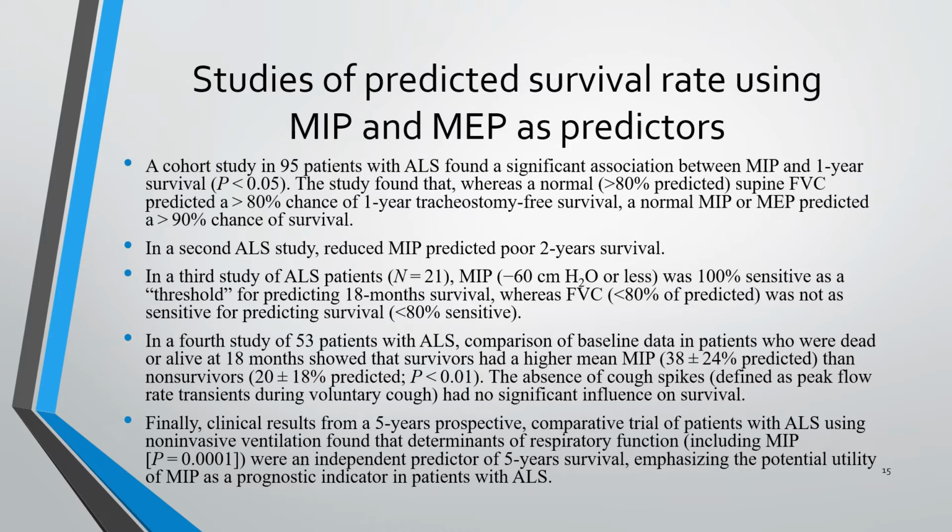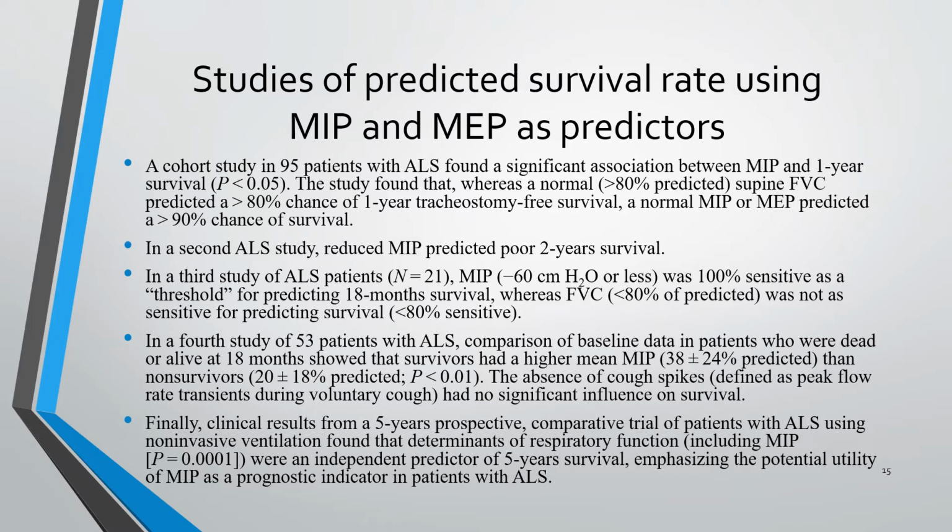The study found that if you had a greater than 80% predicted forced vital capacity, you had an 80% chance of survivability in 1 year. But if you had a normal MEP or MIP, it predicted a greater than 90% chance of survivability. So the sensitivity of this test, the MIP and MEP, was greater than the forced vital capacity.